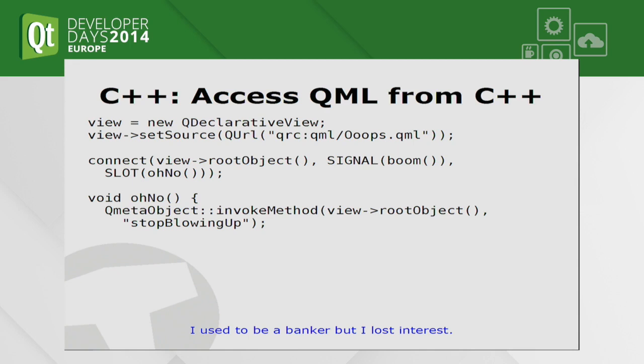So the other one. Now the bomb has gone off, and we have asked it to go into the slot here. And inside the slot, what we do is we call this function on the QML object, and you can add more arguments to this one.